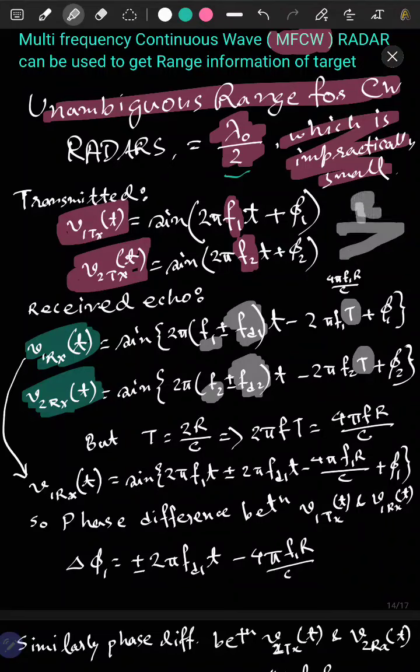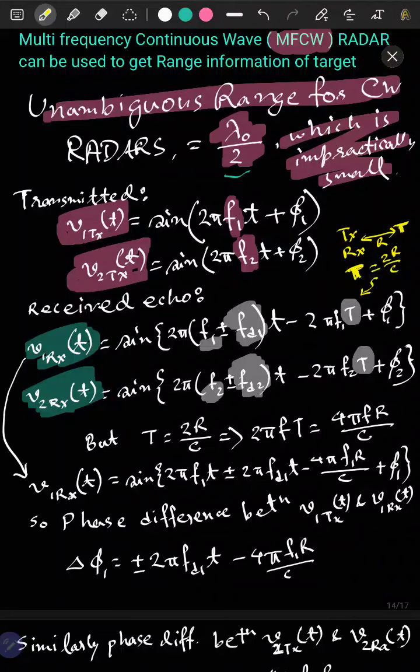If the distance between the transmitter-receiver and the target is r, then the time taken T equals twice r by c.